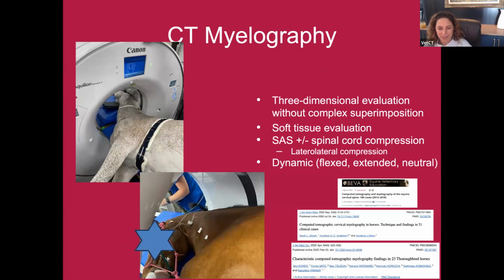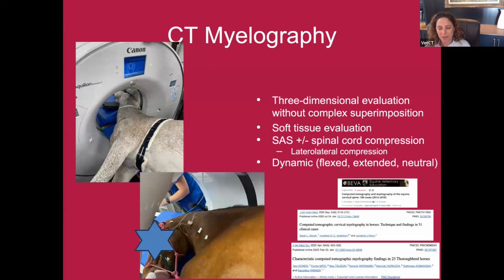CT myelography, this is definitely a new up and coming toy for us, and I'm really excited about this potential because I think it's going to really revolutionize the way we manage these horses. CT of the cervical spine gives us a 3D evaluation. It removes any of that superimposition and lets us look slice by slice through these necks.